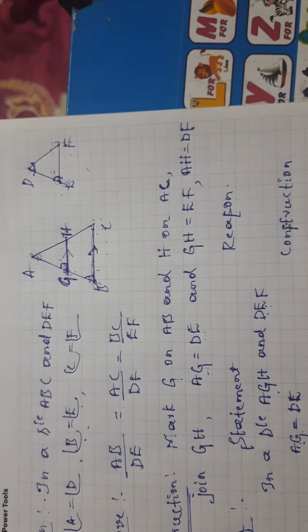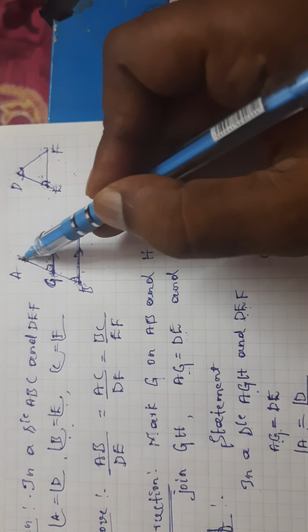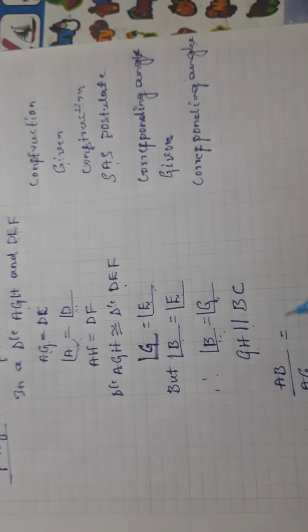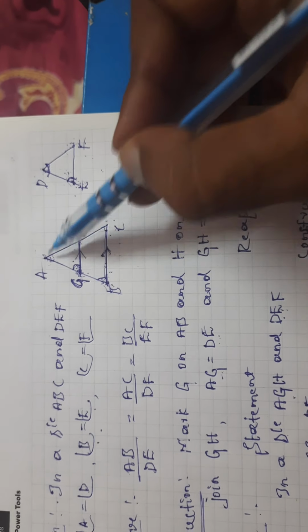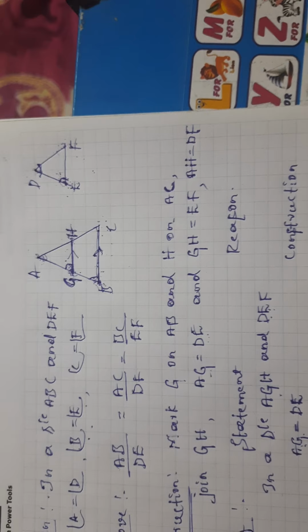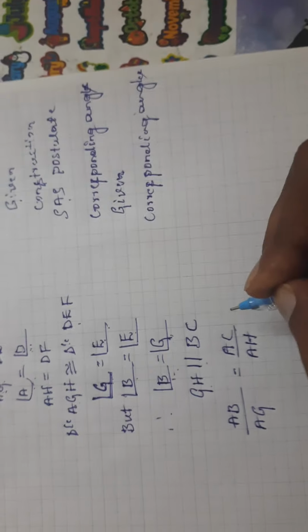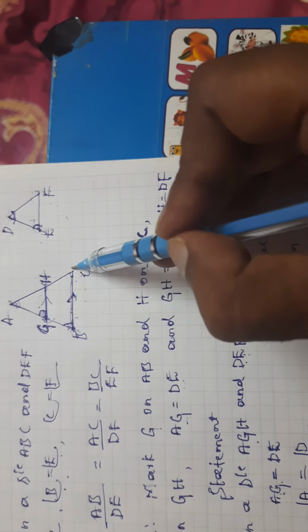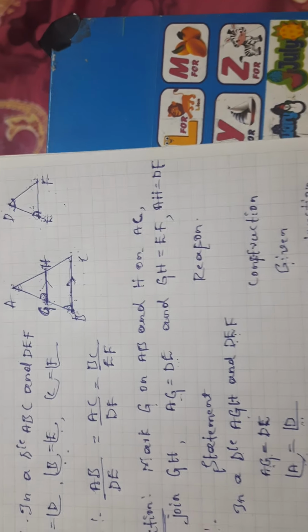Using the corollary, can I write AB divided by AG is equal to AC divided by AH, is equal to BC divided by GH?